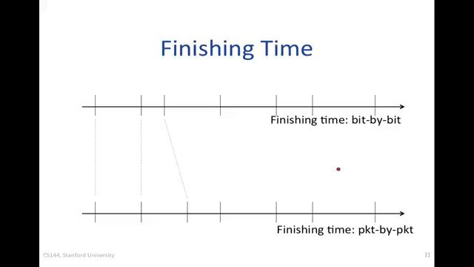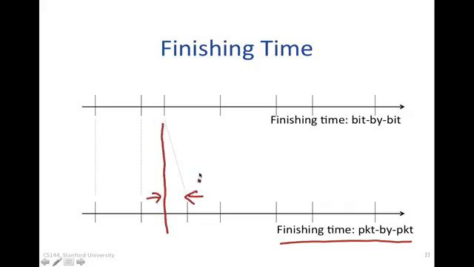If we plot the finishing time of the packets, if they were being served bit by bit, in other words, the time that the end of packet bit would leave on the outgoing line, it might look something like this. This is just something I sketched. If we look at the finishing time of the packet by packet scheme, where each packet must wait for the packet ahead of it to finish before it can go on the line, packets could end up departing a little bit later because they could be held up by a packet that's still in service.